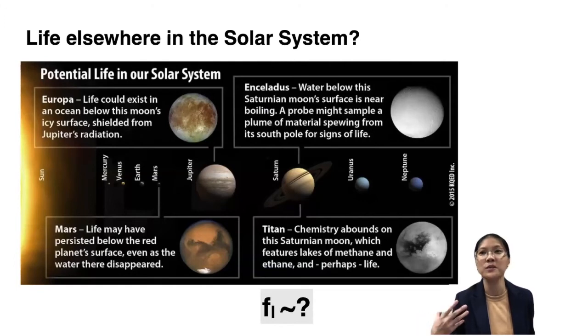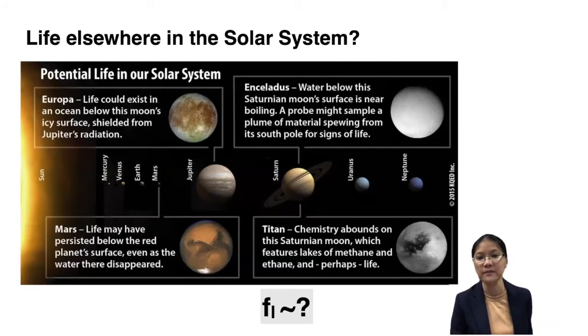Another way to approach this question is to ask how rare this happens, and we can look at our own neighborhood and ask if there's life elsewhere in the solar system.